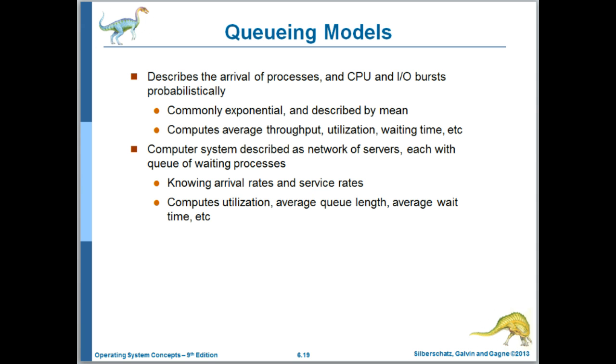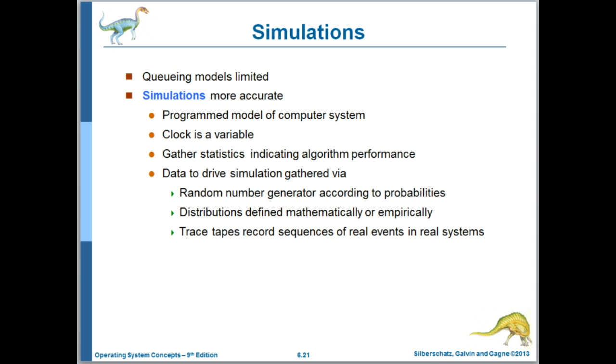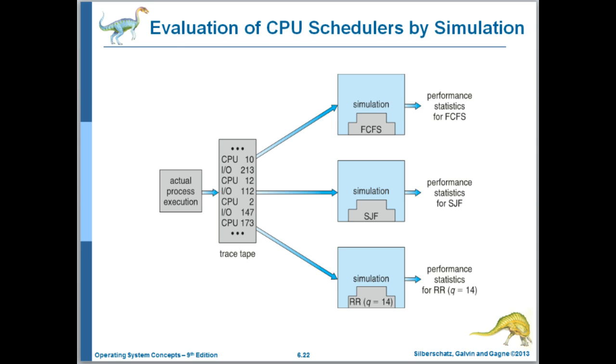Queuing theory and queuing models can also be used to help evaluate scheduling algorithms. I'll skip this slide. If you have a record known as a trace tape of the behavior of actual processes, then you can perform simulations of various scheduling algorithms. So here's how that would work.